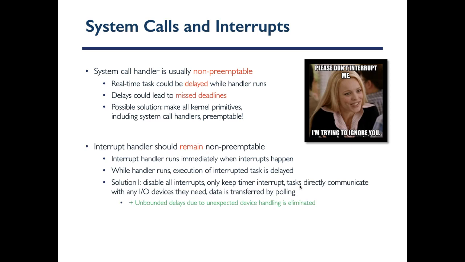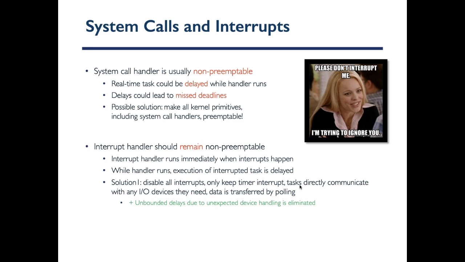Now, things are a little bit more complicated when you talk about interrupts. System calls are synchronous mode transfers. They are initiated by the process that is running, by the task that is running. But interrupts come asynchronously from external events that happen in the system.